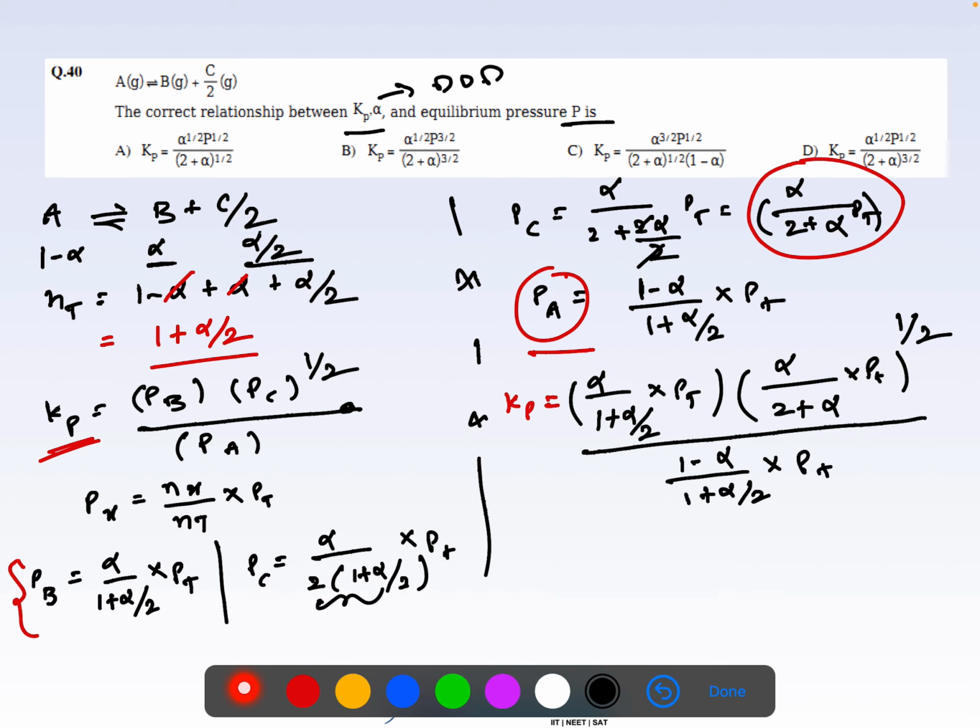So some of this can get cancelled here. So these two get cancelled and P total gets cancelled.